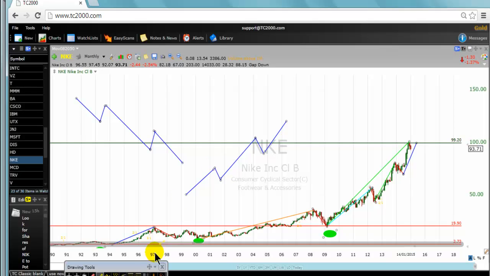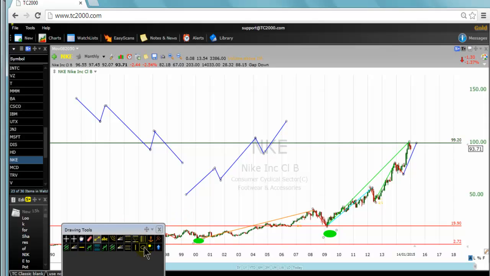There was the low here, the low of the first wave, followed by the low of the second wave. The low of the second wave is a higher low compared to the low of the first wave. The price must display higher lows and higher highs.